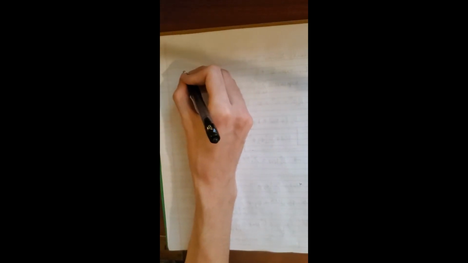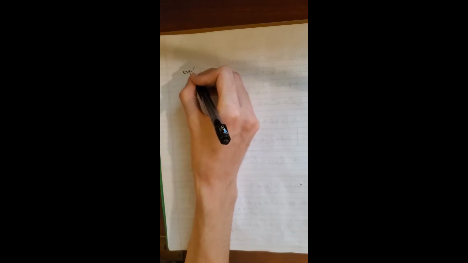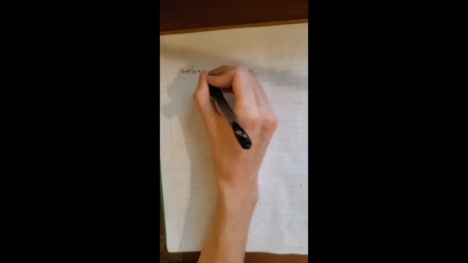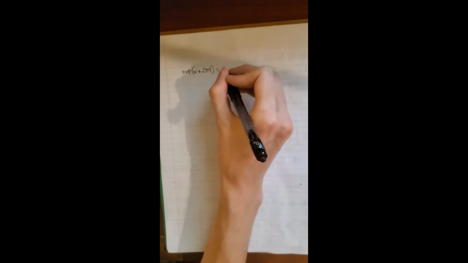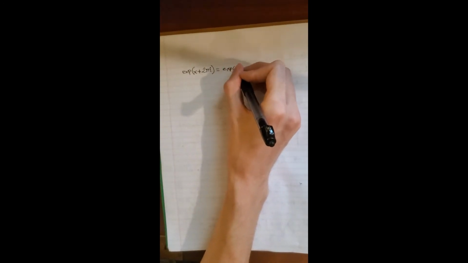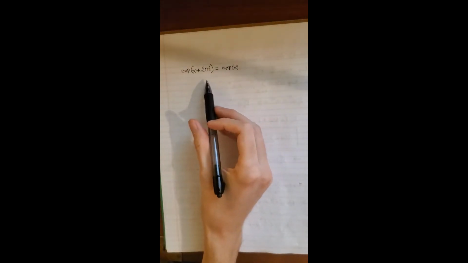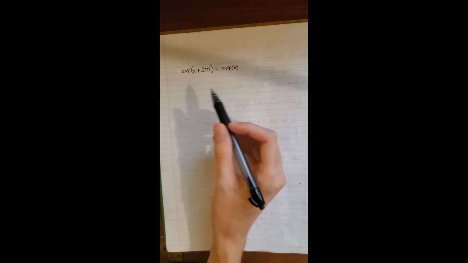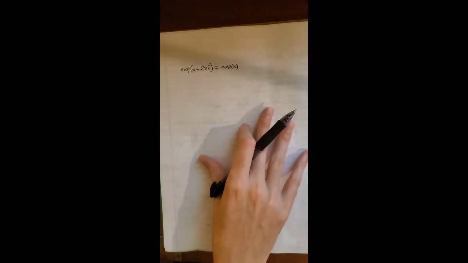In other words, exp of x plus some period, which the period of the exponential function is 2 pi i, equals exp of x, right? So the function is periodic, and that's going to help us solve the problem that we had on the last page.